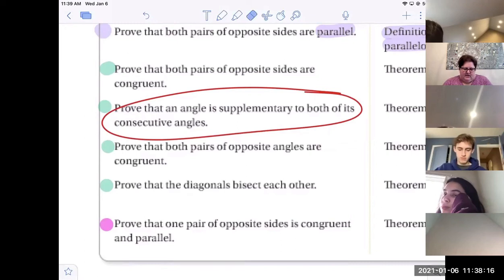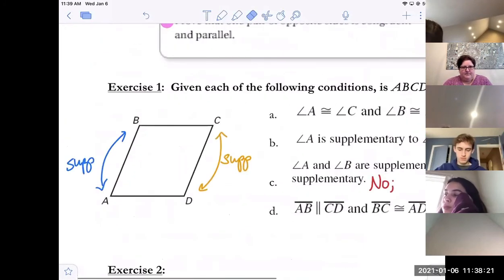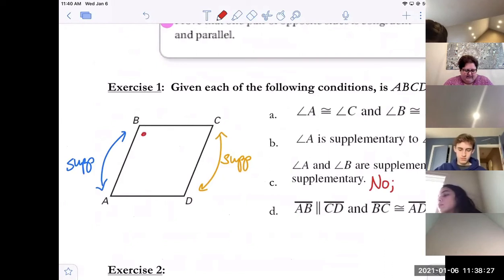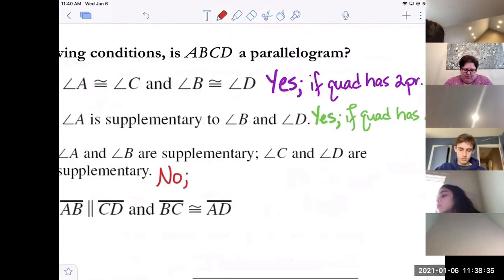Because it's not proving that one angle is supplementary to both of its angles. Right. So if we had this angle here, it's supplementary to A, but it should be supplementary to C also, if we were going to be able to say it's a parallelogram. So you would need both.